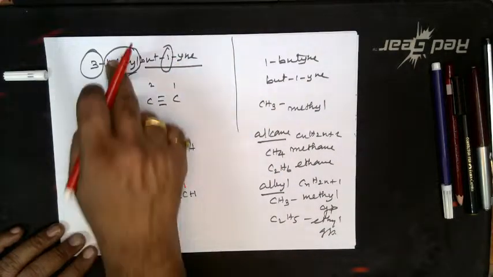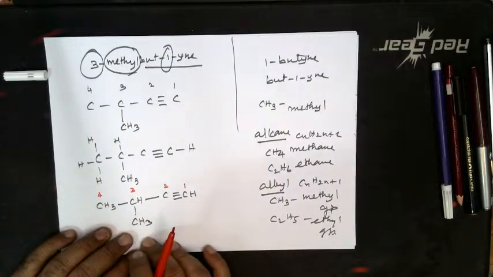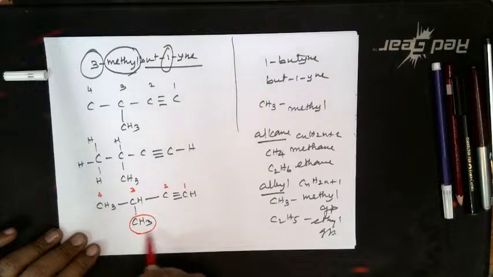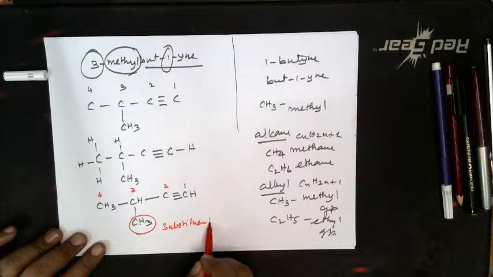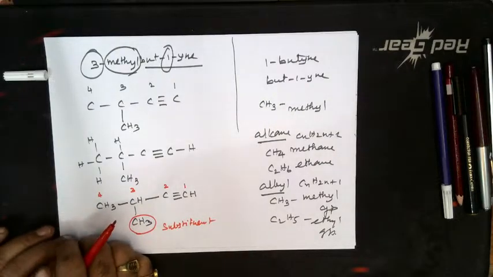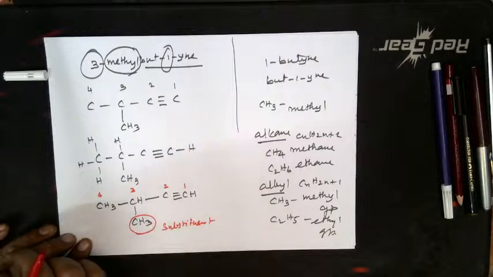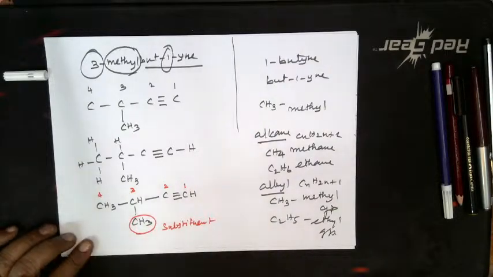You have to start from the substituent. This is called the substituent. If you have two or three substituents of different types, then you can adopt alphabetical order. Likewise you have to proceed.